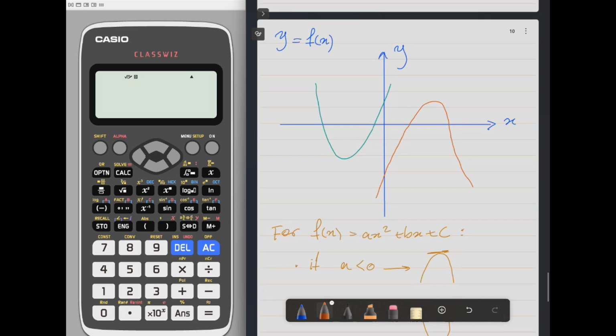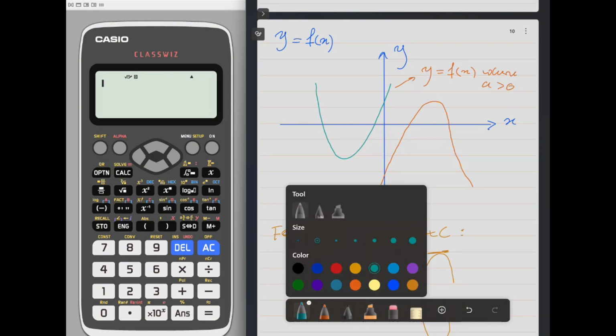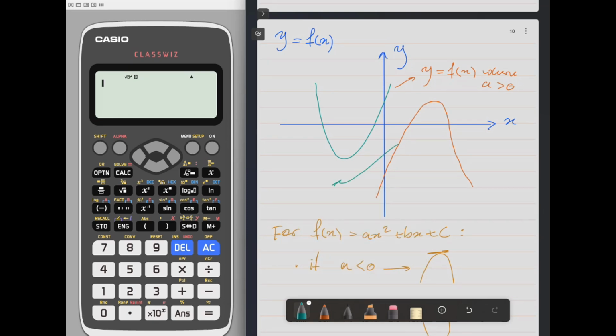So this is for y equal to f of x where a is greater than 0, and this is for y equal to f of x where a is less than 0.